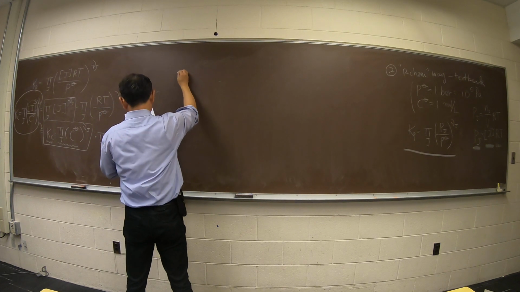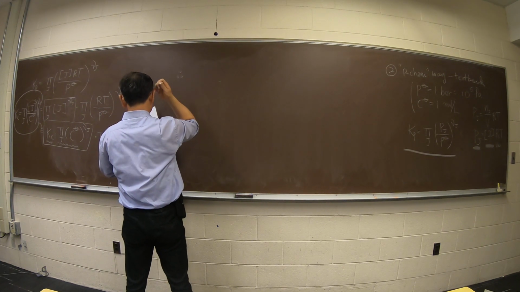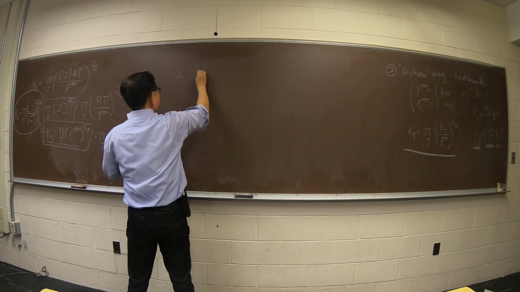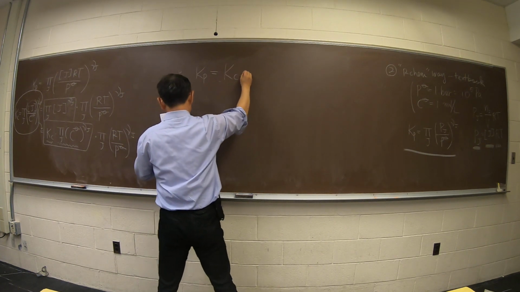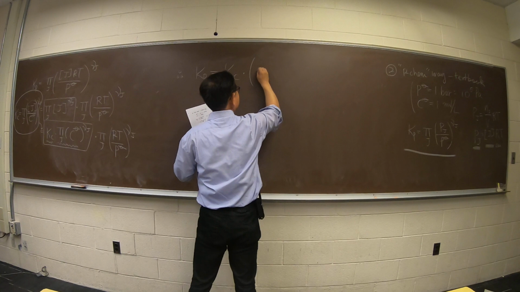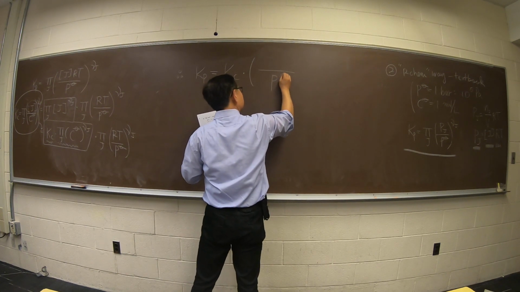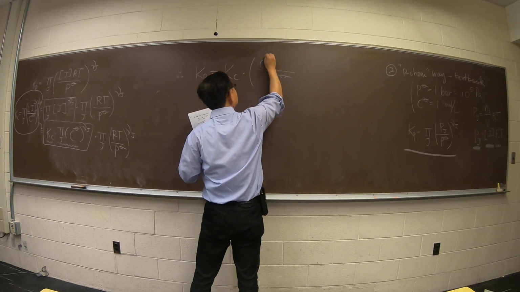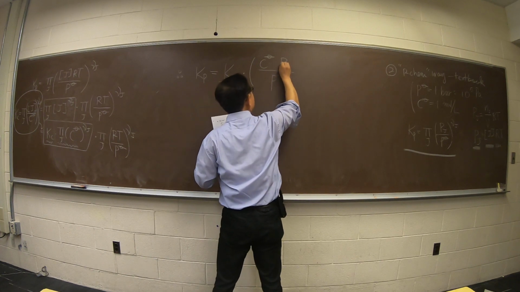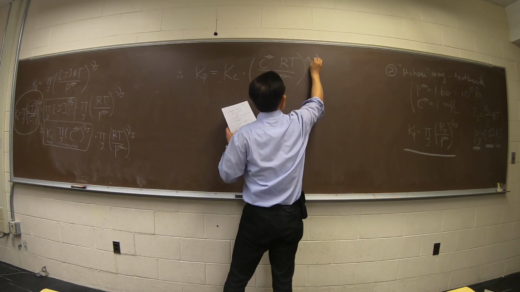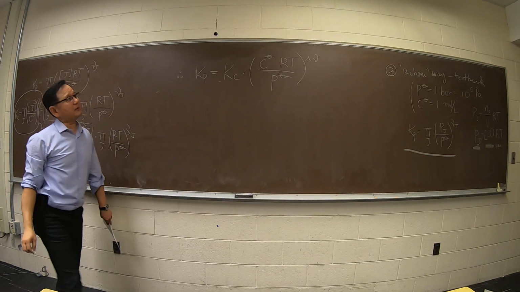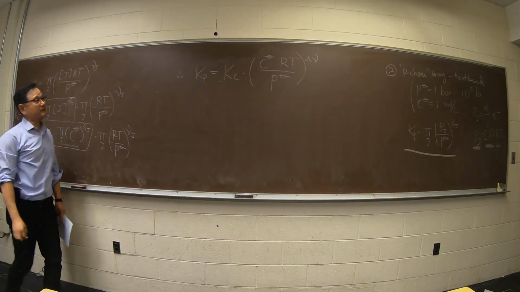So really the final form that you want to see here is Kp is Kc times concentration, RT, to the power of delta mu. So this is actually the correct form.